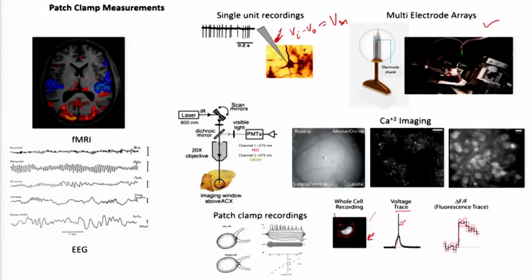But in order to go forward and understand how the models of neurons have developed in the entire field of computational neuroscience, we need to gain information on the membrane potential of single neurons through patch clamp recordings.